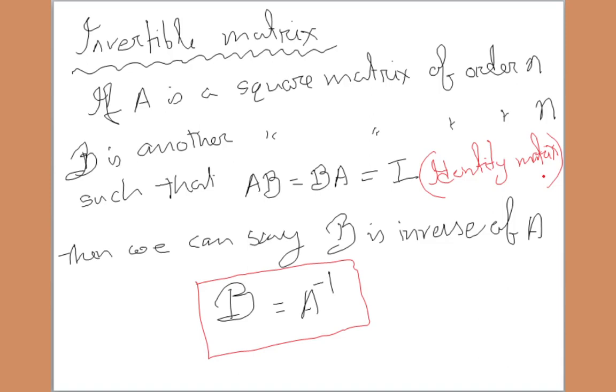So the question comes like this: by using elementary operations, find the inverse of a matrix. By using the 3 elementary row operations or column operations, we can find the inverse of a matrix. Let's see an example.